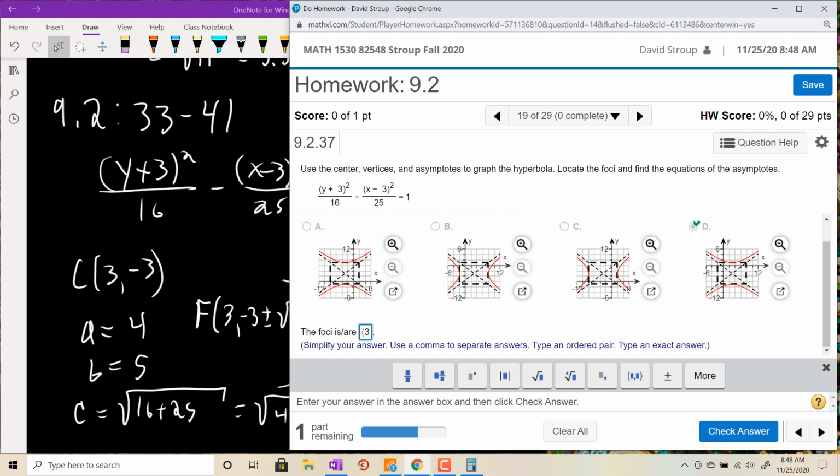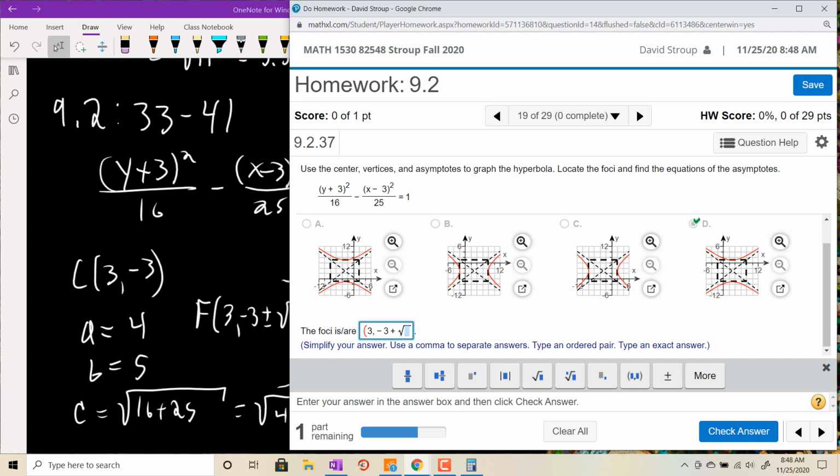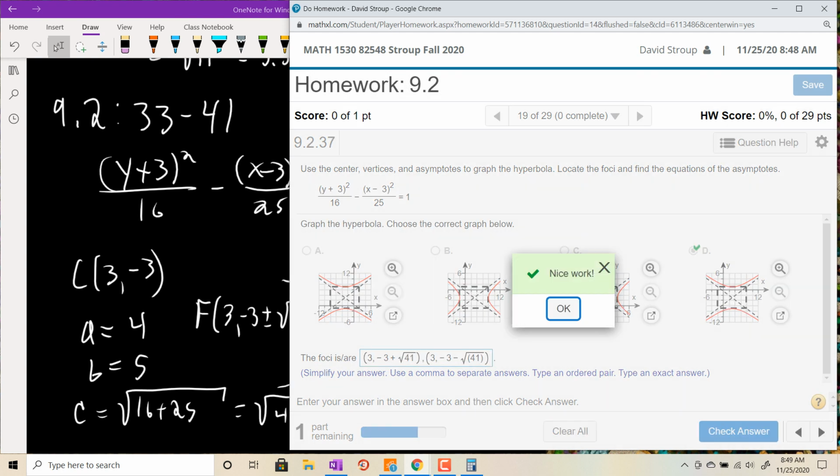So (3, negative 3) plus backslash square root of 41, comma, (3, negative 3) minus backslash square root of 41. Let's hope it doesn't freak out over that parenthesis. Nope.